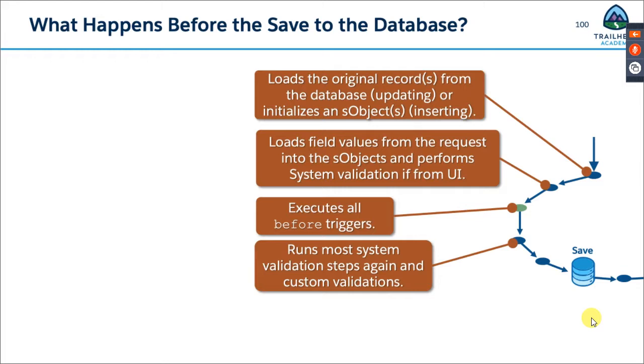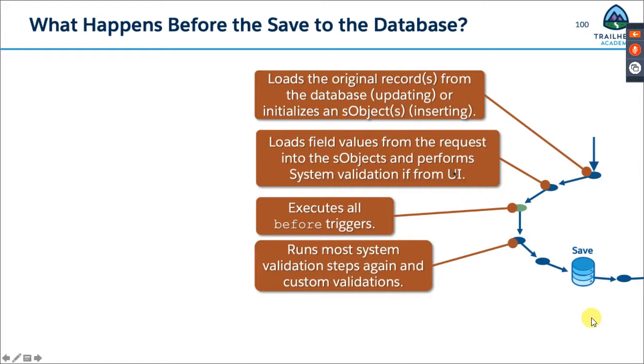Let me rewind a little bit and talk about this. When you load the values, it performs system validations from the UI. On the page layout, you can make a field required or not.